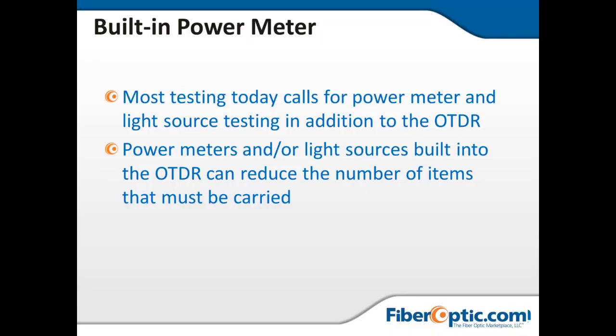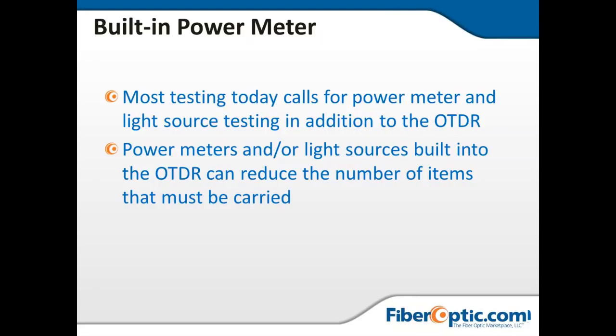We test thousands of fibers a year, all across the country, in a very high-level test called fiber characterization, and it's always fantastic to have all that measurement on one unit. The power meters and light sources can be built into the OTDR to reduce the number of items carried. The way they integrate the light source typically is the same source as the OTDR source.